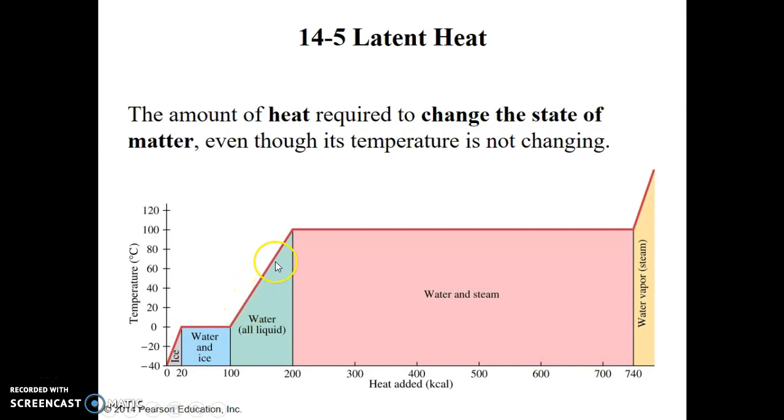These slanted lines indicate the specific heat applied to a substance. However, once you get to a transitional point, such as the melting or the evaporation points, then you're not going to apply heat to change the temperature anymore. You're going to apply heat to change the state of matter.